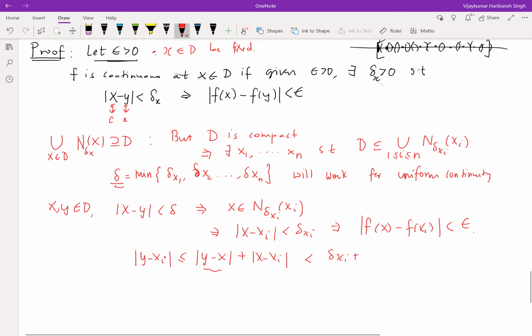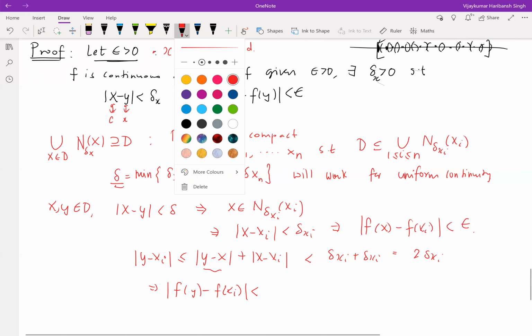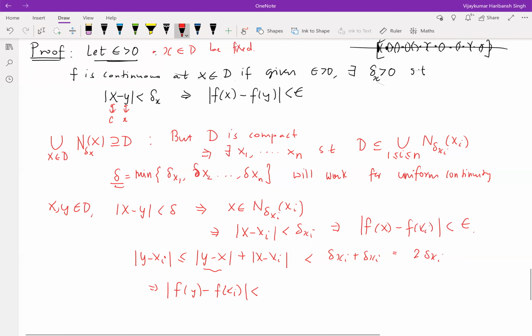This guy is less than delta xi, which is 2 delta xi in total. So this would imply |f(y) minus f(xi)| is going to be less than... I have to modify this, right? So I will modify this back now. We'll take epsilon by 2, so delta by 2, delta by 2. I'll go back and modify it.